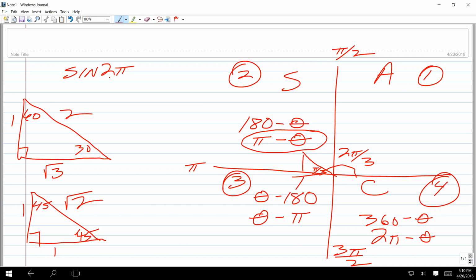Correct. Here's the way I like to do it. In parentheses, I put what the reference angle is. And whatever the sine of pi over 3 is, that's going to be the absolute value of the answer. The third and final step is to attach a plus or minus sign to it.